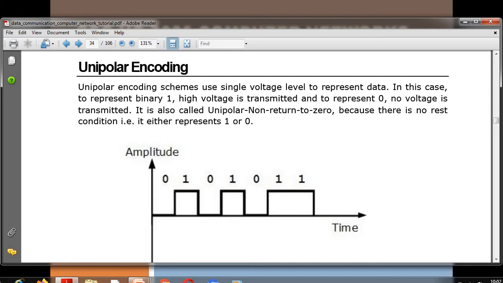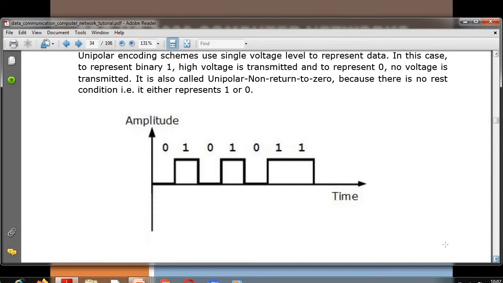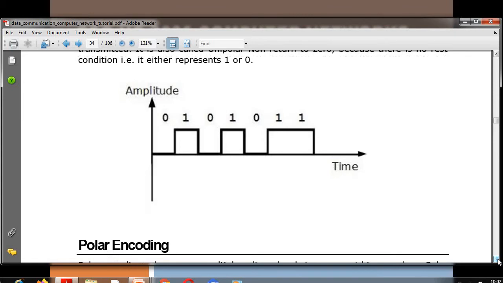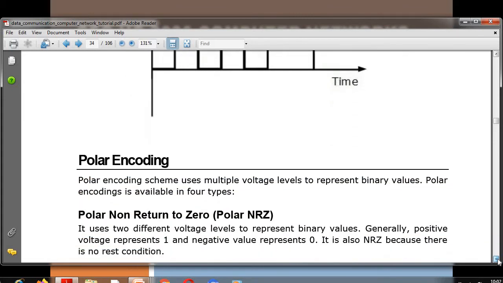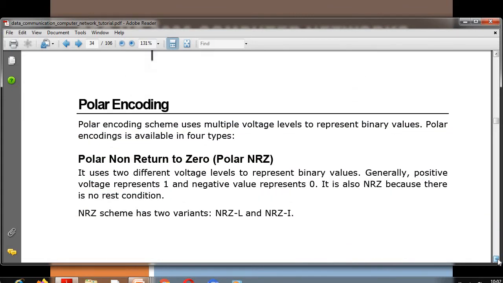It either presents 1 or 0. If we see here, 0 represents no voltage, 1 represents positive voltage, 0 no voltage, positive voltage. In this way, we represent the binary signals as digital signals.